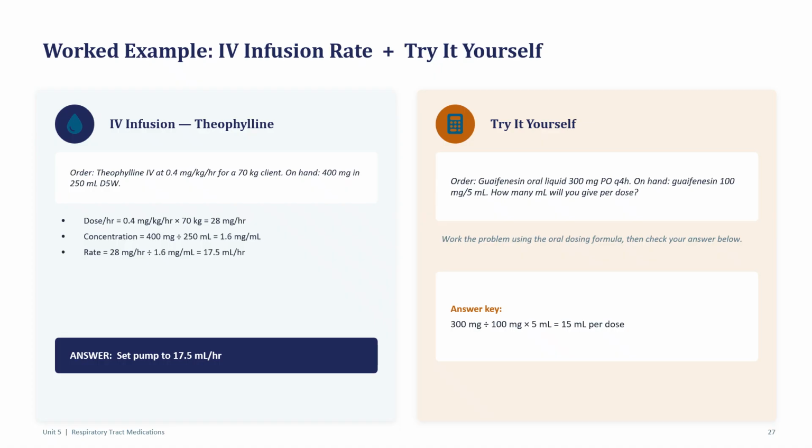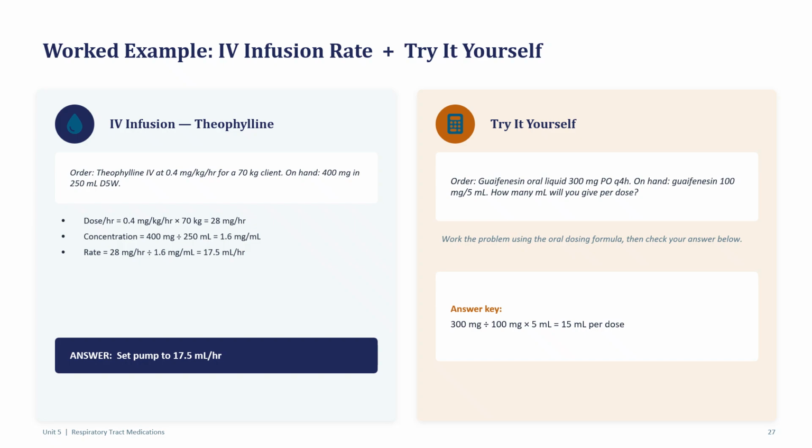First, the dose per hour. 0.4 times 70 gives you 28 milligrams per hour. Second, the concentration of the bag. 400 milligrams divided by 250 milliliters gives you 1.6 milligrams per milliliter. And third, the rate. 28 divided by 1.6 gives you 17.5 milliliters per hour on the pump.